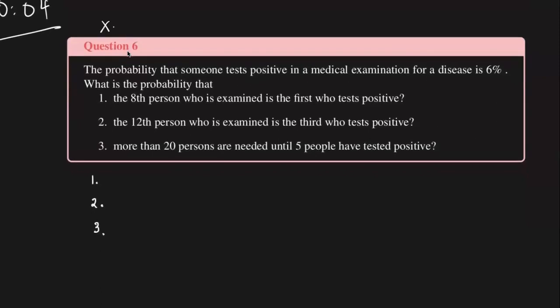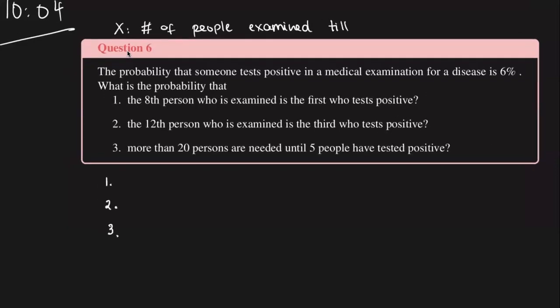So the student defined X as the number of people examined until the R people are positive.